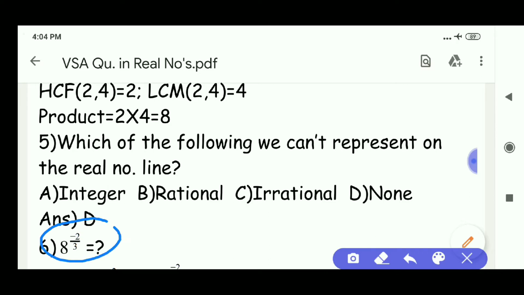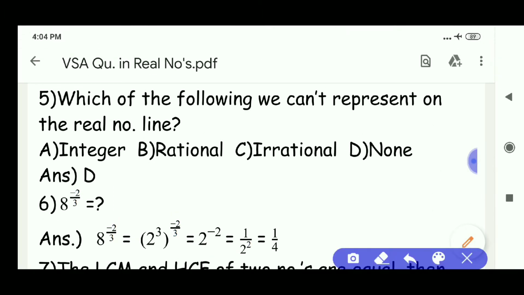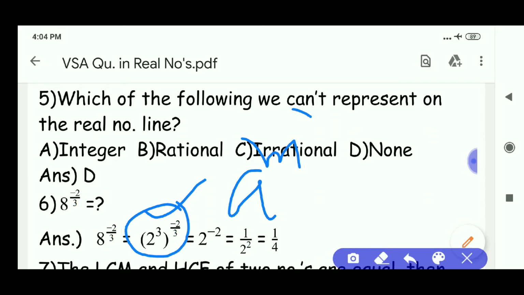Solve 8 power minus 2 by 3. Pause the video, solve yourself and check the answer. Here 8 can be written as 2 cube. We can apply the formula a power m whole power n is equal to a power mn.